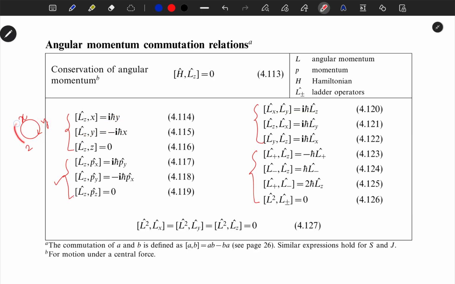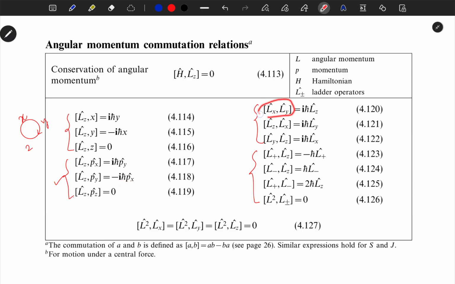Lz with y, so zy will give a negative, minus x, and zz will give 0. Similarly with P also, Lz with Px will give a positive Py, and Lz with Py will give minus Px.